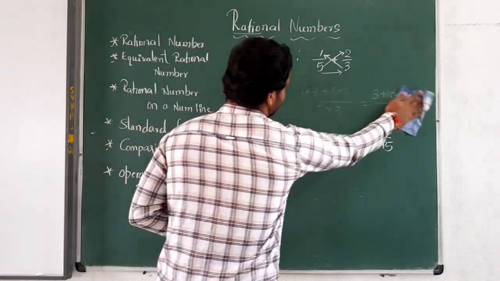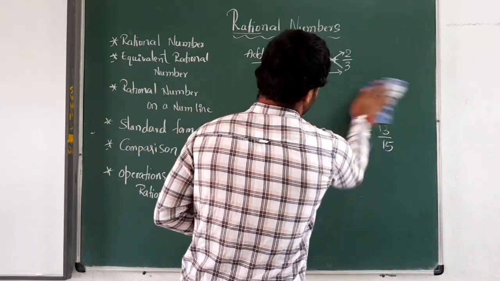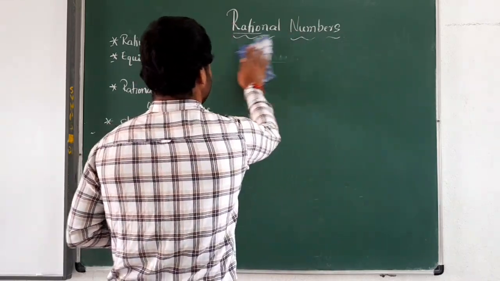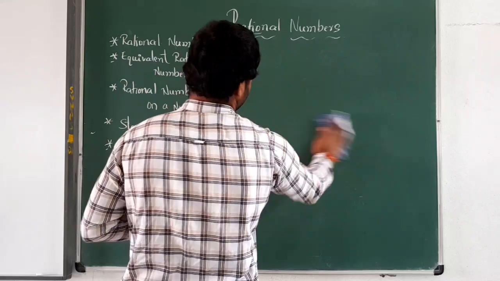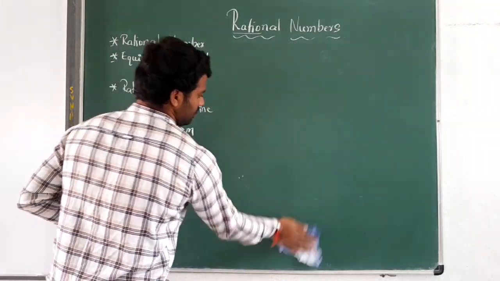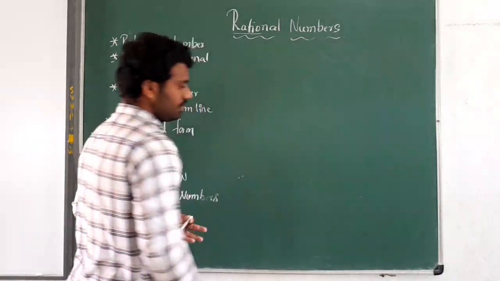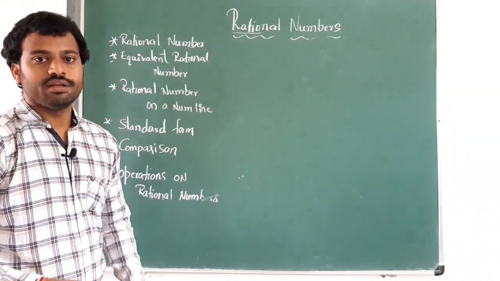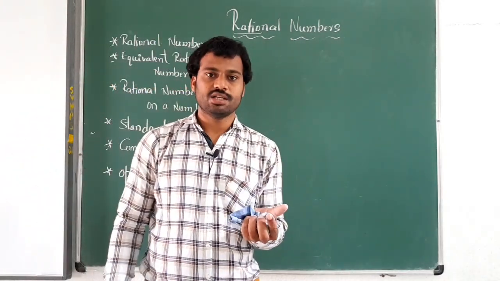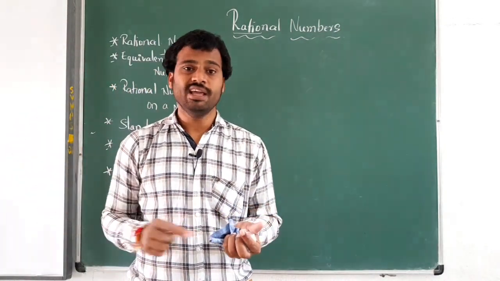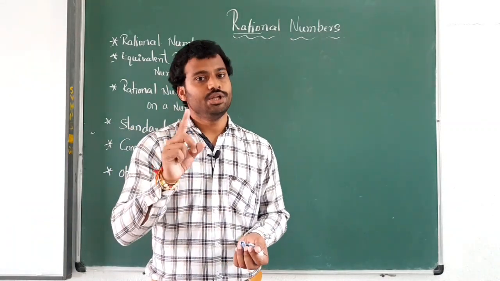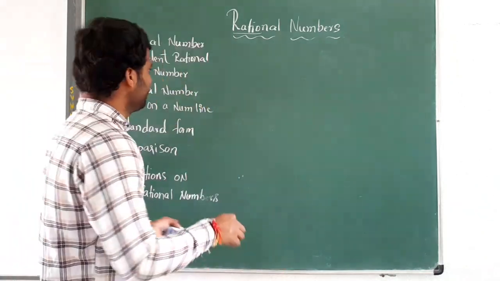What is the additive inverse for any rational number? Additive inverse means, if for any rational number you are adding something, you should get the additive identity. What is the additive identity? 0 is the additive identity.